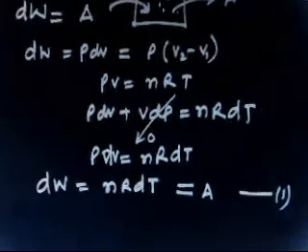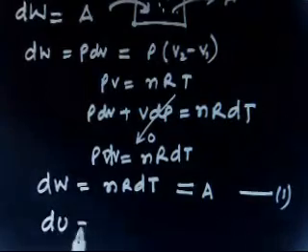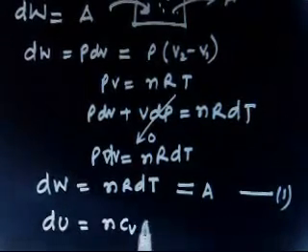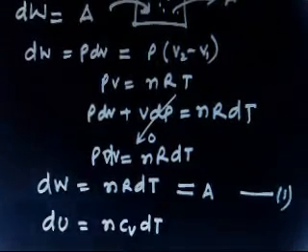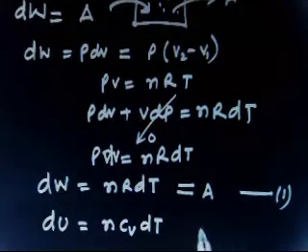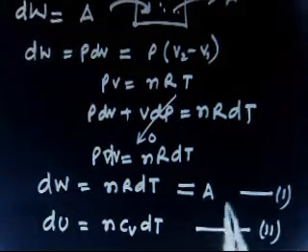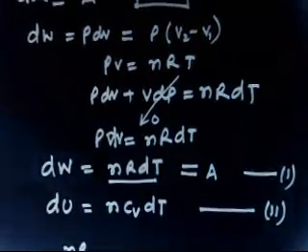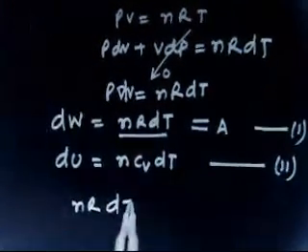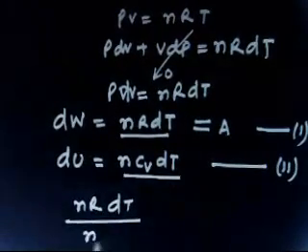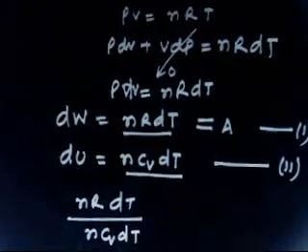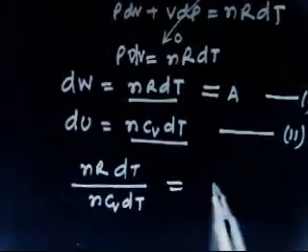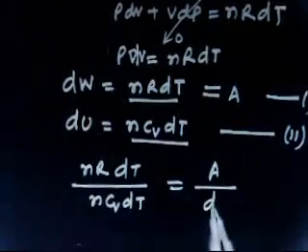Now I want to find an expression for dU. dU is nothing but nCv dT. Let us call this equation 2. If I divide these two equations, this side nRdT divided by nCv dT, and this side you have A and dU.